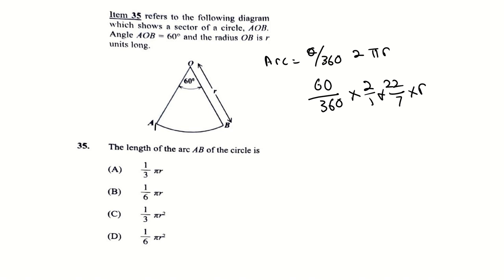We would say this is 1 over 6. Actually, they use it as pi. This would be 1 over 6 multiplied by 2 over 1 multiplied by pi multiplied by r, but 2 into 2, 1, 2 into 6, 3. So this is why the answer would be 1/3 pi r. And that is how you would have done this question.